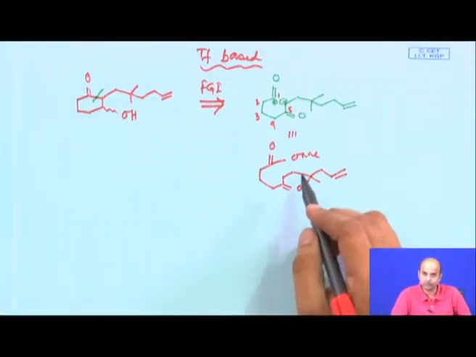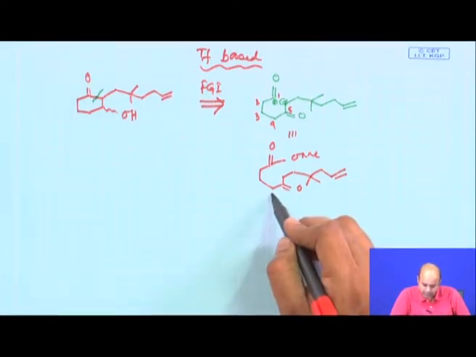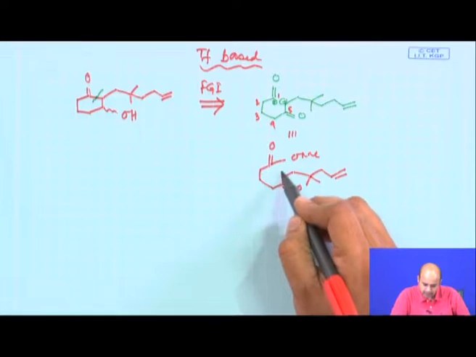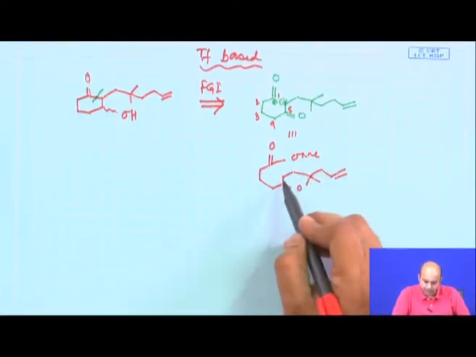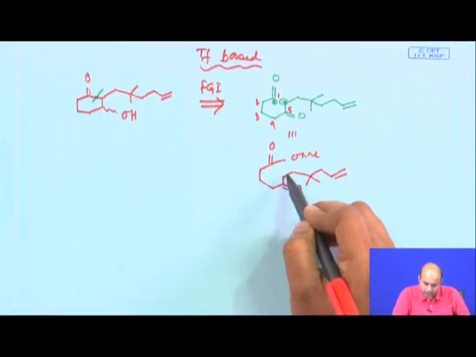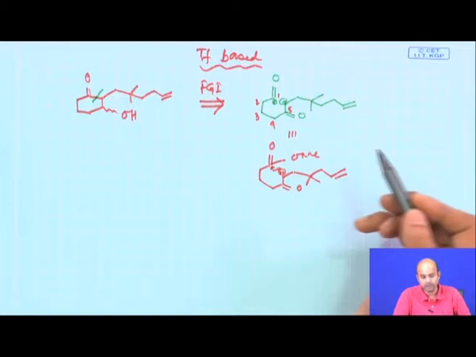So this is a perfect example of a Dieckmann condensation. Definitely you have a regiochemistry issue: you could generate the anion from here or from here, which can be discussed a little later. But if this compound is subjected to a base, this anion will be generated and you do a Dieckmann reaction.